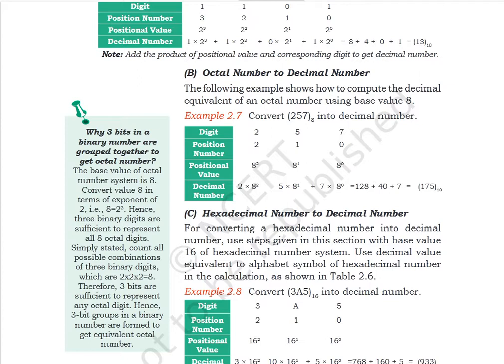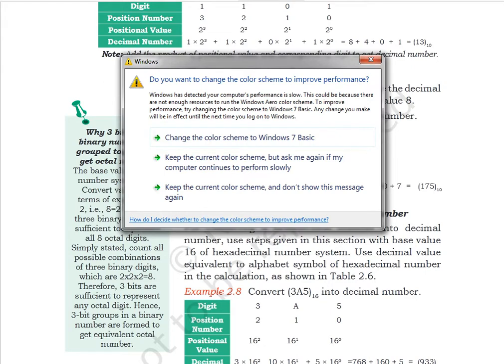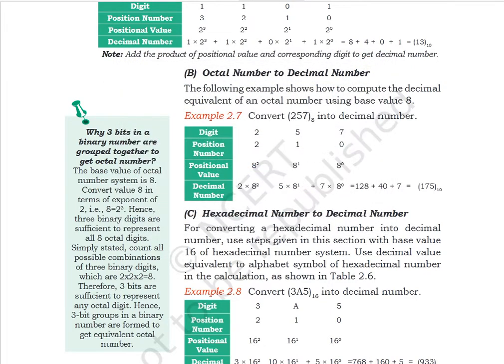Then the positional values: how can we calculate them? 8 to the power 0, 8 to the power 1, 8 to the power 2, and now multiply each digit with its positional value and then sum up all those things. So 2 into 8 square plus 5 into 8 plus 7 into 8 to the power 0 equals 128 plus 40 plus 7, and the resultant value will be 175 to the base 10.